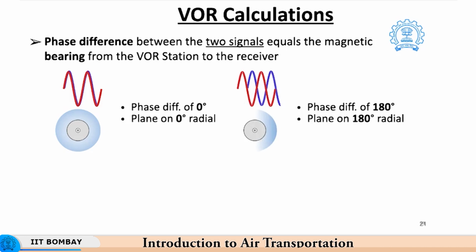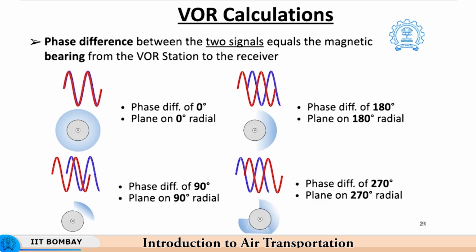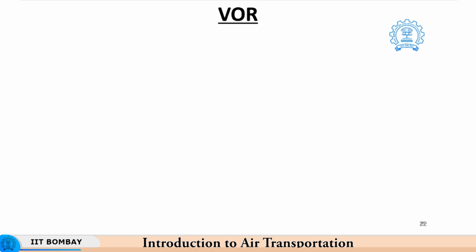In this case, the two signals are at a phase difference of 180 degrees, and hence the aircraft lies at a radial of 180 degrees. Similarly, a similar analogy works for the 90-degree and 270-degree radial directions, and for other radial courses that the pilot wishes to follow.